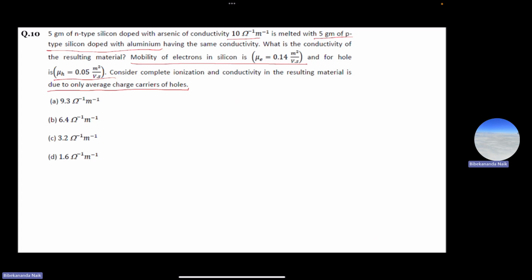So we know the expression for conductivity is Ne mu e plus Pe mu p.